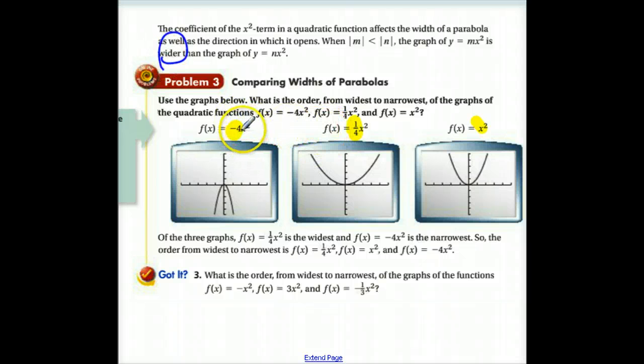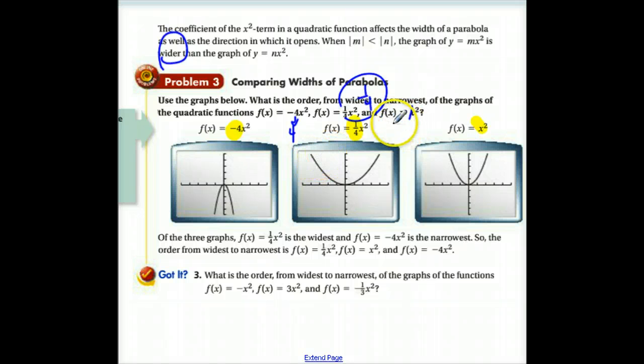So in other words, looking here, -4x squared, well, that's a coefficient of 4, then 1/4, and 1. The smallest coefficient between all of those is 1/4. So 1/4 x squared produces the widest parabola.